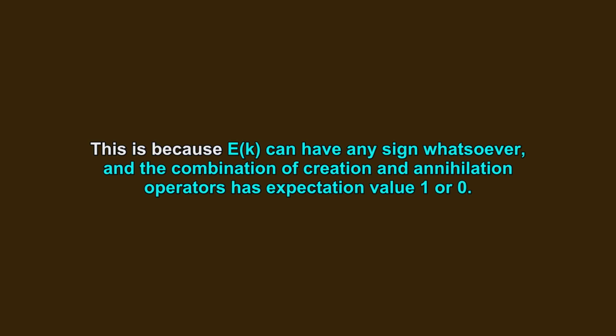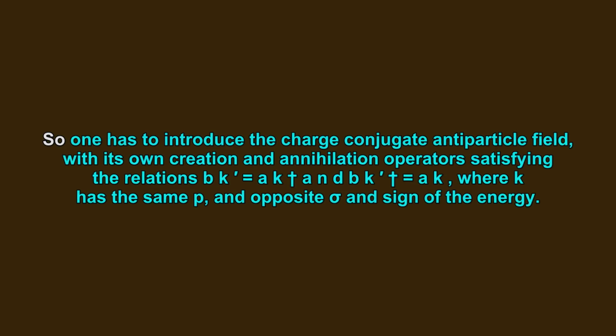This is because E_k can have any sign whatsoever, and the combination of creation and annihilation operators has expectation value 1 or 0. So one has to introduce the charge conjugate antiparticle field, with its own creation and annihilation operators satisfying the relations b_k equals a_k̄† and b_k† equals a_k̄, where k̄ has the same p and opposite σ and sign of the energy.